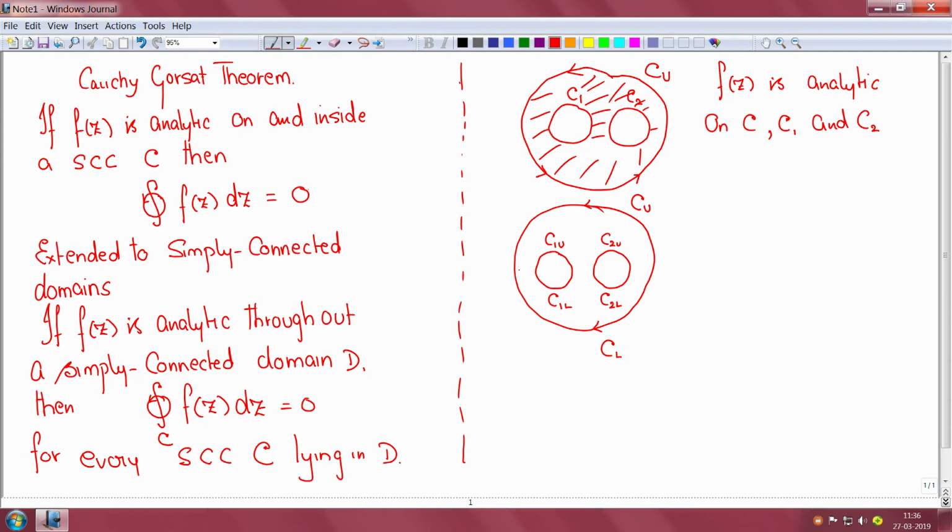I call these bits L1, L2 and L3, and the directions are given.